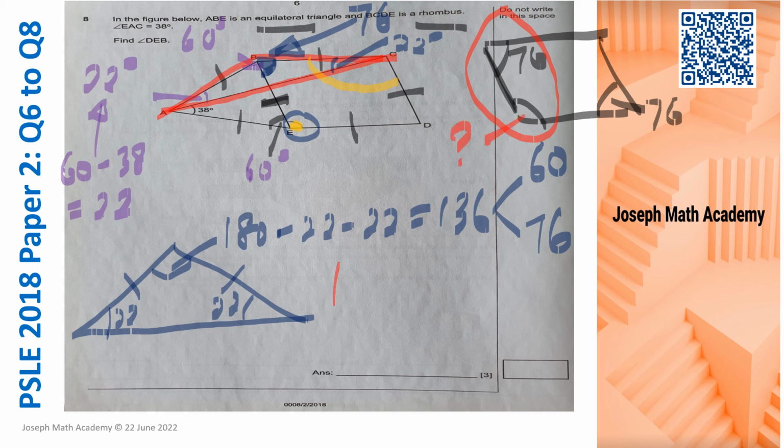Okay, so 180 minus 76 gives us 104, and 104 is the answer. It is angle DEB. And question 8 is done. So whenever we do angle questions, we have to annotate. After retrieving info like equilateral and rhombus, we have to do a lot of marking on the original diagram.